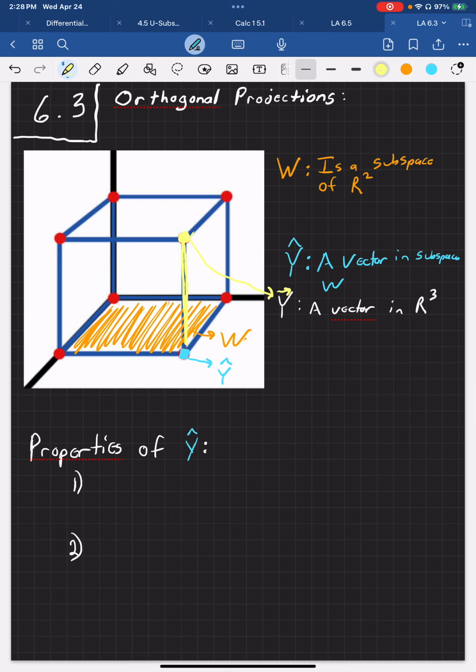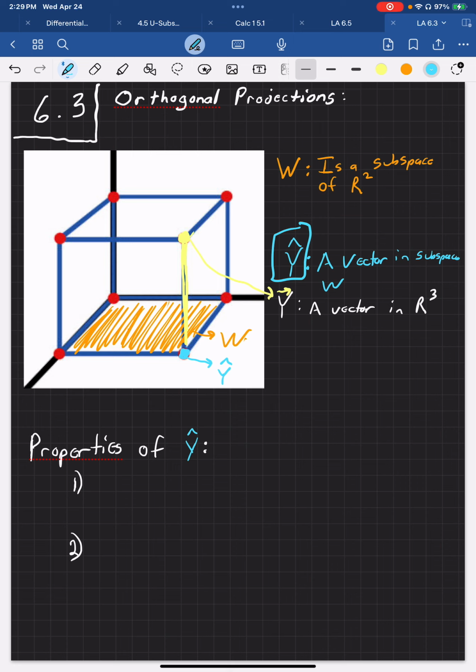And what I'm going to do now is tell you some properties of this vector in subspace W, right? So properties of y hat.